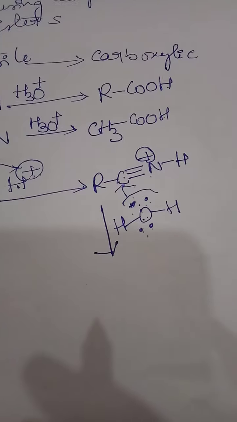See here, these are the lone pair of electrons. Okay, these are attacking directly the carbon. So that leads to the formation of what?